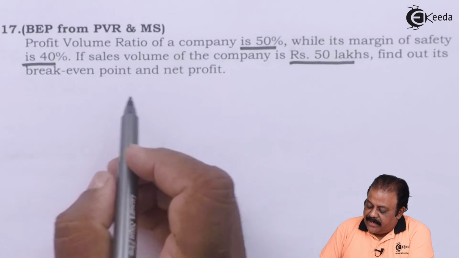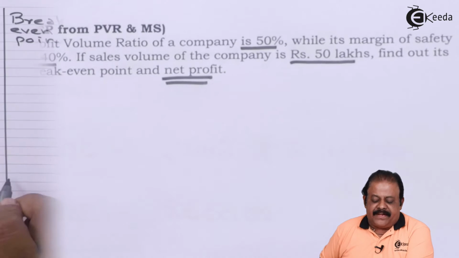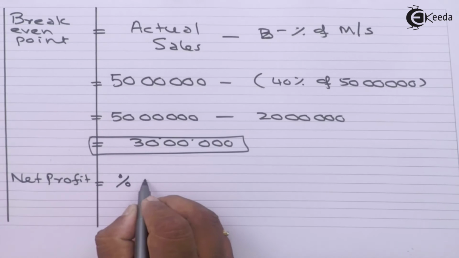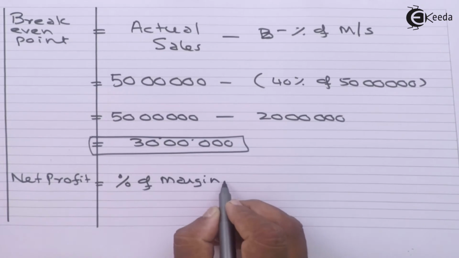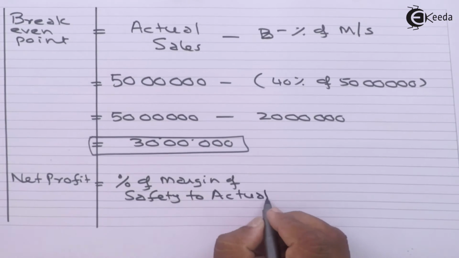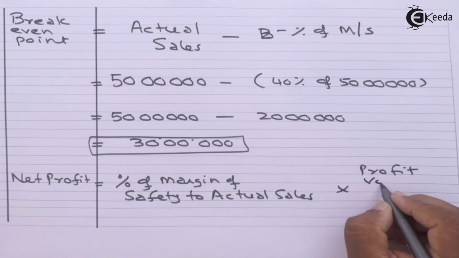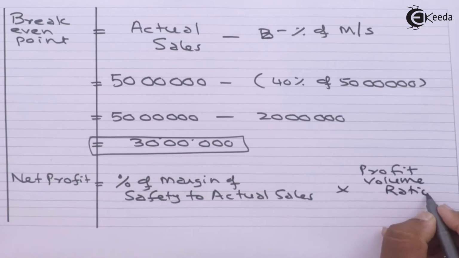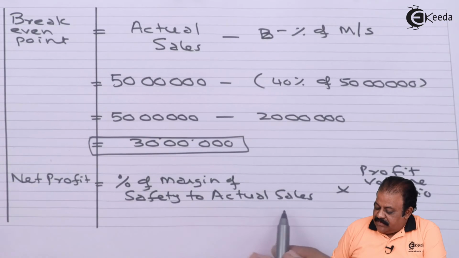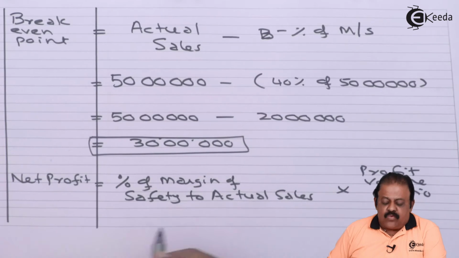Next we are required to find out amount of net profit. So your formula will be percentage of margin of safety to actual sales multiplied by PV ratio.